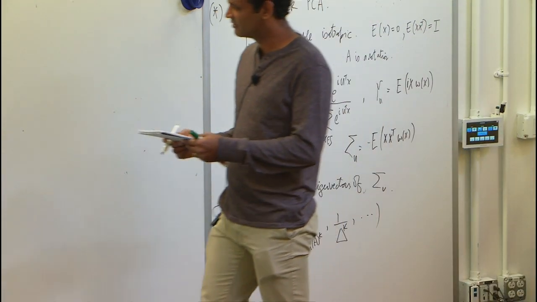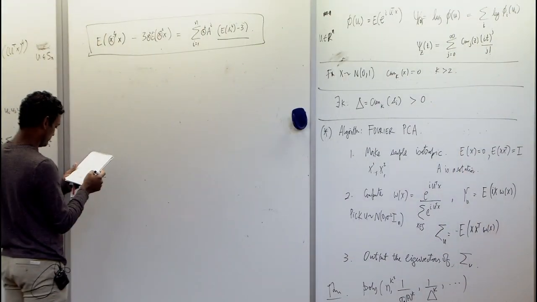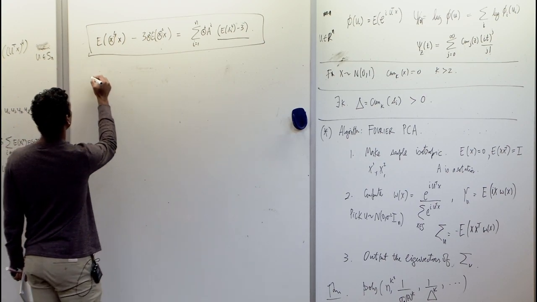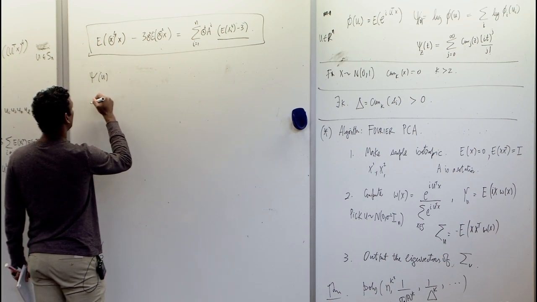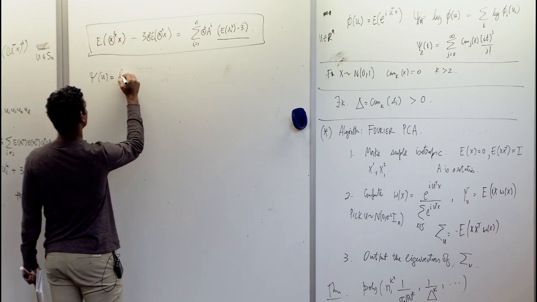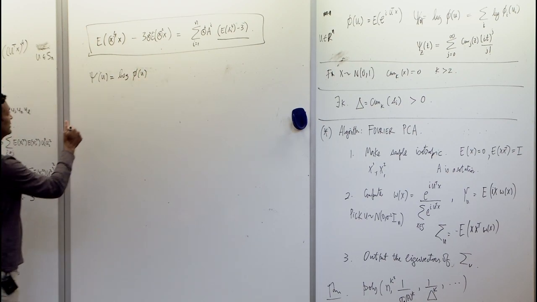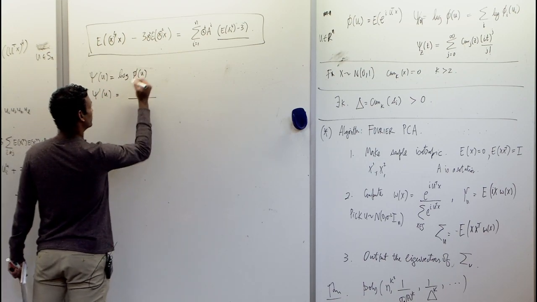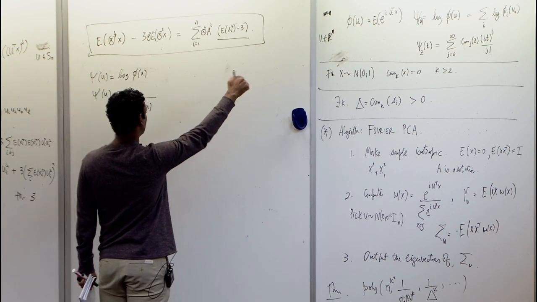Excellent. Okay, so I tried to explain why this works with basically two equations. And that is that you take this function, I said the second characteristic function, and let's look at its derivatives. This is a vector, a function of a vector. So this first derivative will be, you have this in the denominator, and then phi of u is the expectation.